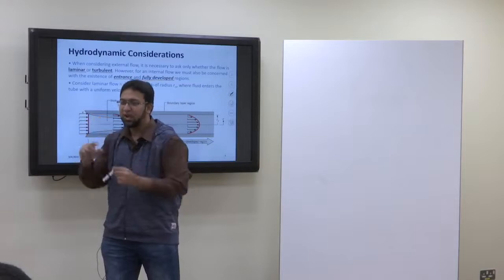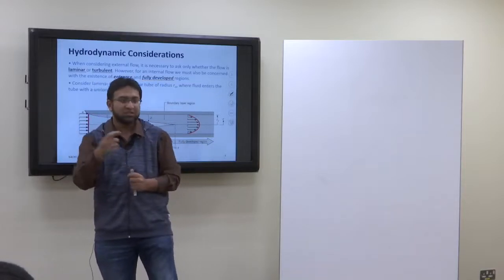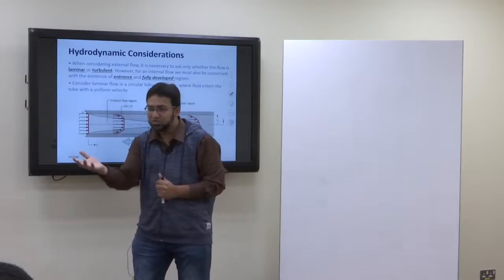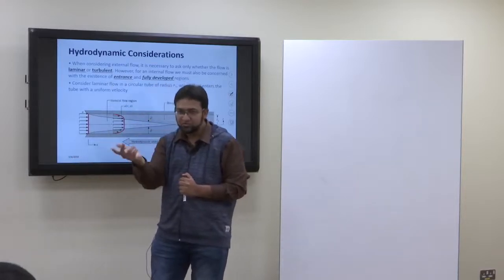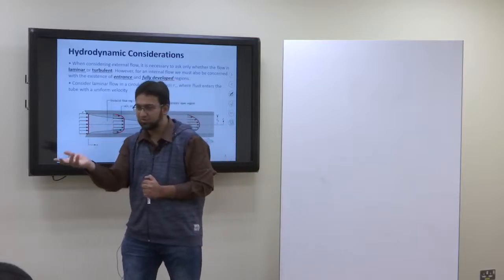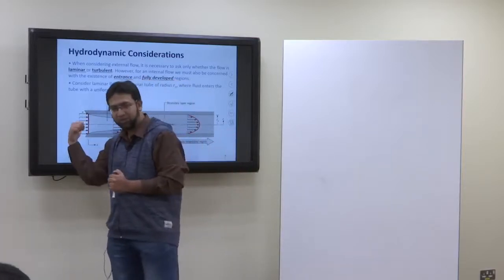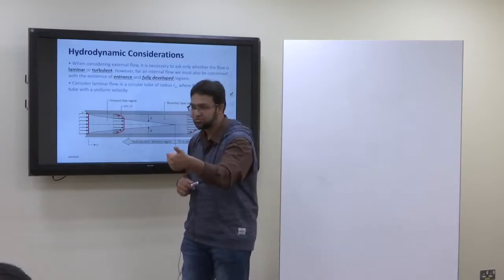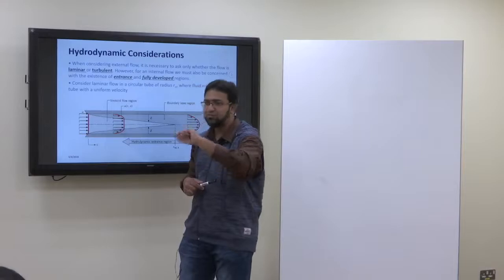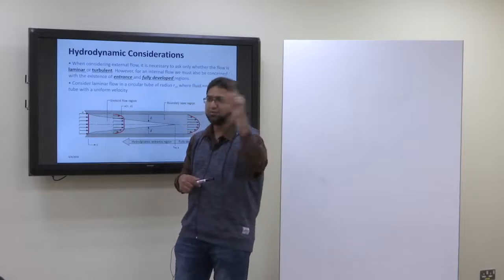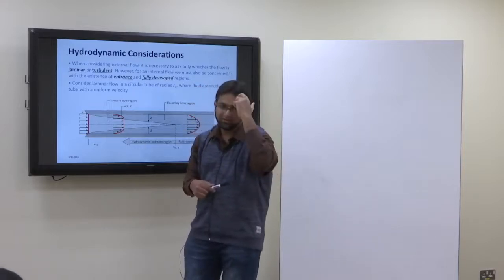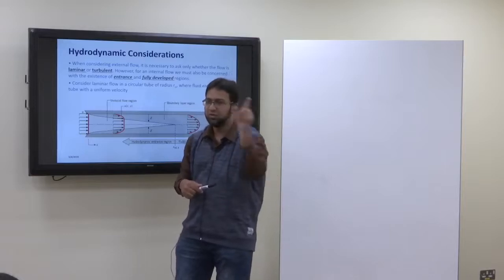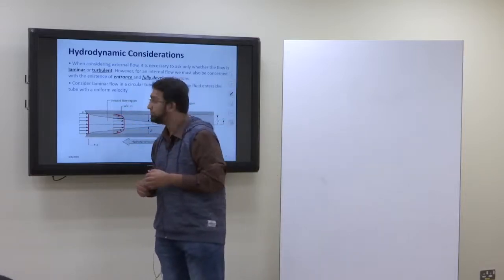So hydrodynamic constraints deal with the velocity boundary layer. Similarly, in the case of the pipe, the velocity boundary layer is developed because of the hydrodynamic constraints. So hydrodynamic for velocity, thermal for temperature. Get it?